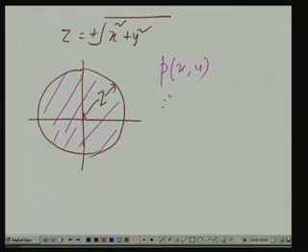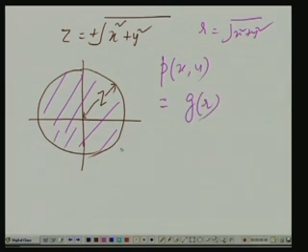That is a function of r, where r is the square root of x square plus y square. We have seen this earlier. That means, if you take a circle of radius r, on each point on the circle the probability density is fixed. So, we call it G r. Okay.